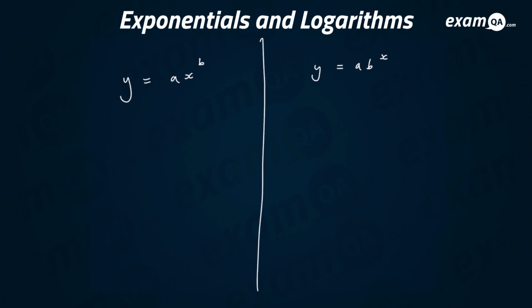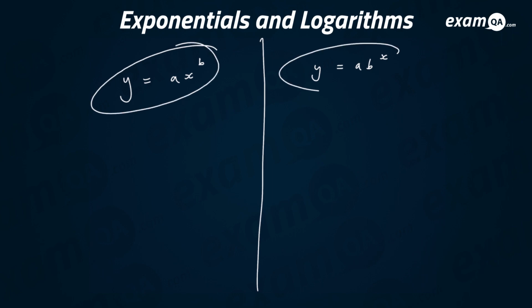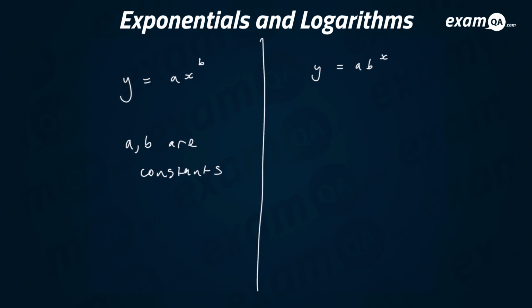The point of a logarithm sometimes is you have these two types of graphs. Let's pretend that in both cases a and b are constants. In other words, they're just numbers. Just try to imagine in your head that a and b are just numbers the whole time.